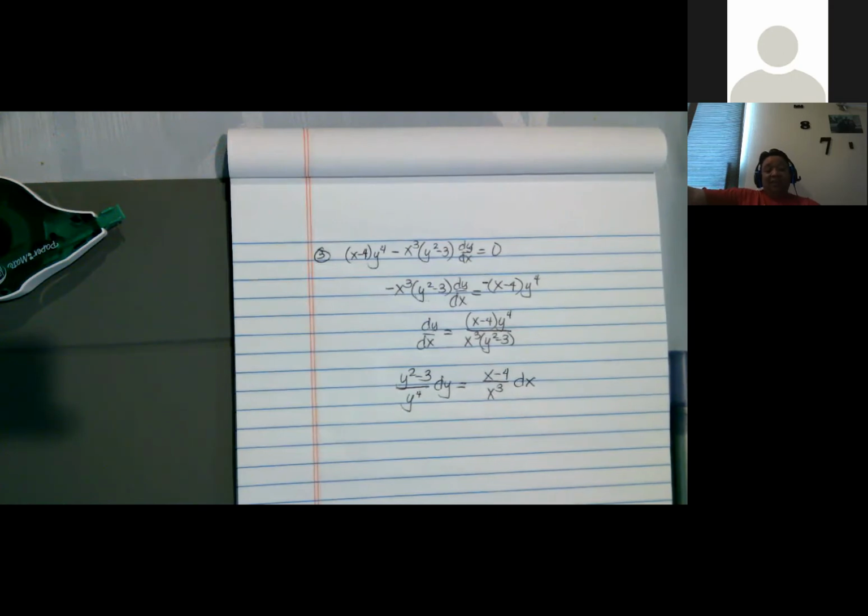So now tell me, how do I integrate this one? Let's just do the left side for now, right? So how do I integrate the left side? Suggestions?